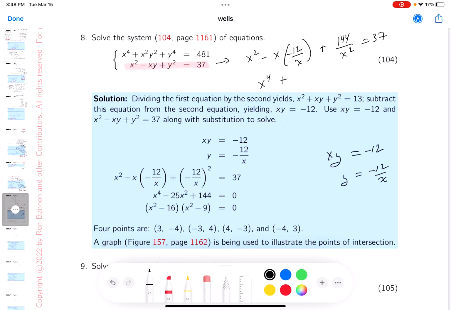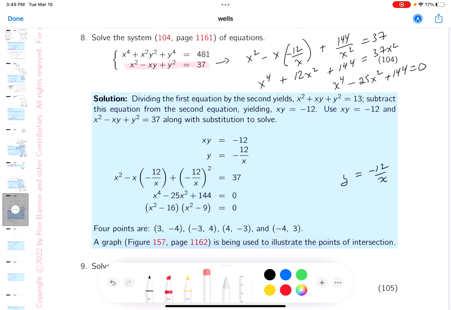Plus, I'm multiplying by x squared, 12x squared, plus 144, and 37x squared. Wow. What do you get now? You get x to the fourth minus, because I'm taking 37x squared from both sides, 25x squared plus 144 equals 0.